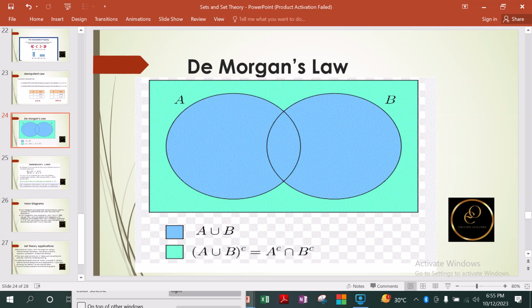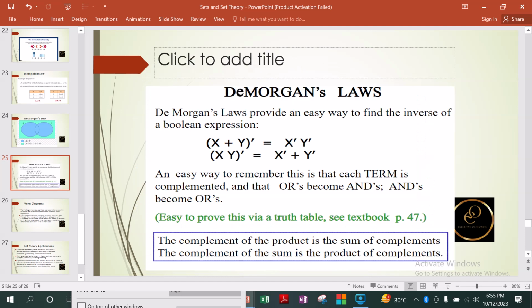So that is what the mathematician De Morgan found out some time back. I can further illustrate this by looking at this example. De Morgan's law provides an easy way to find the inverse of a Boolean expression. When you have x plus y, complement, it is the same as x complement multiplied by y complement.